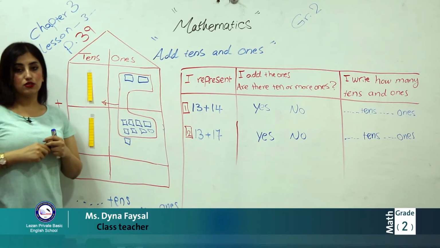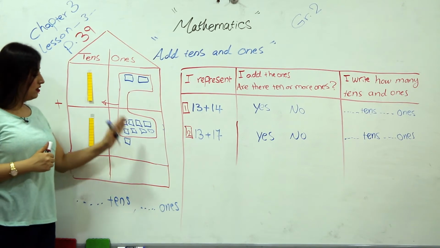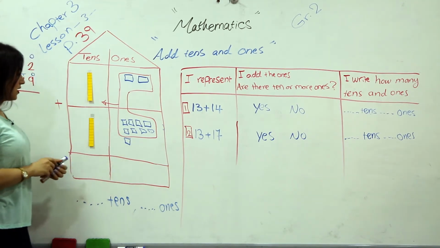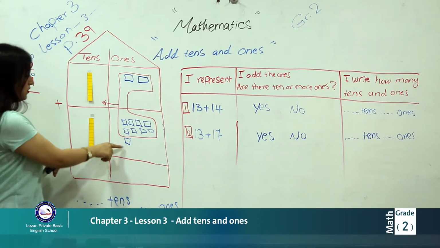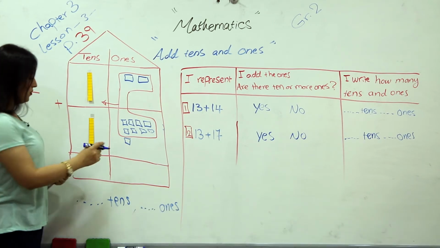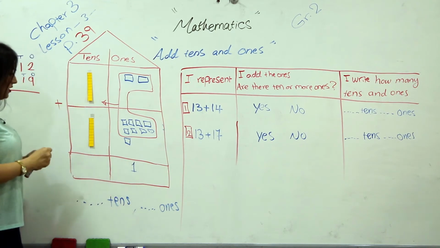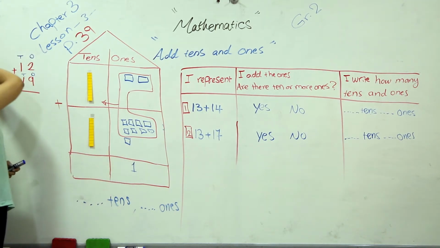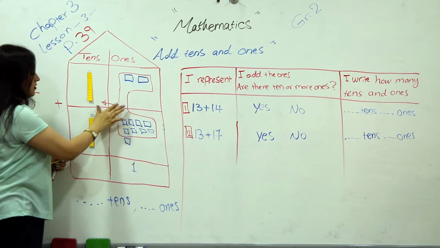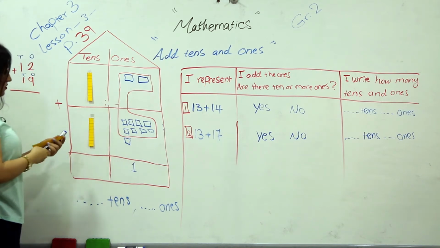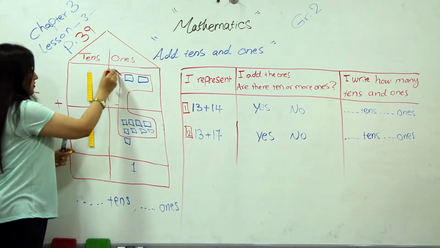Because we cannot write tens in the ones side, okay? So how many ones stay here? 1. We write number 1, and the 10 will go to here.